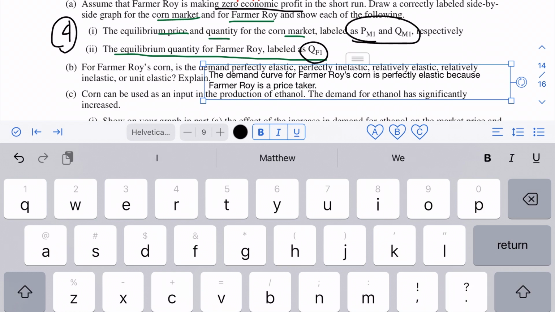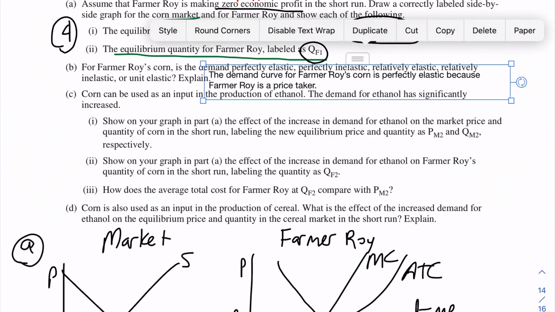Okay, and that's it. The demand curve for Farmer Roy is perfectly elastic because Roy is a price taker.